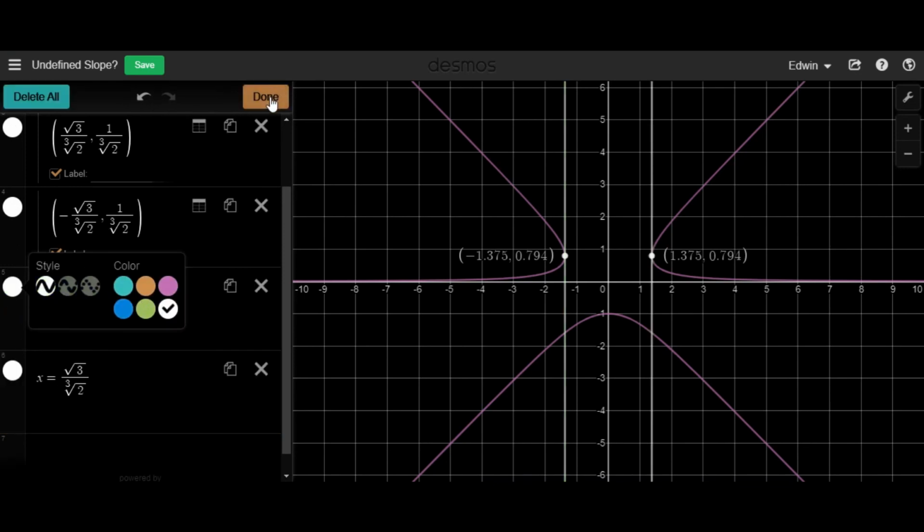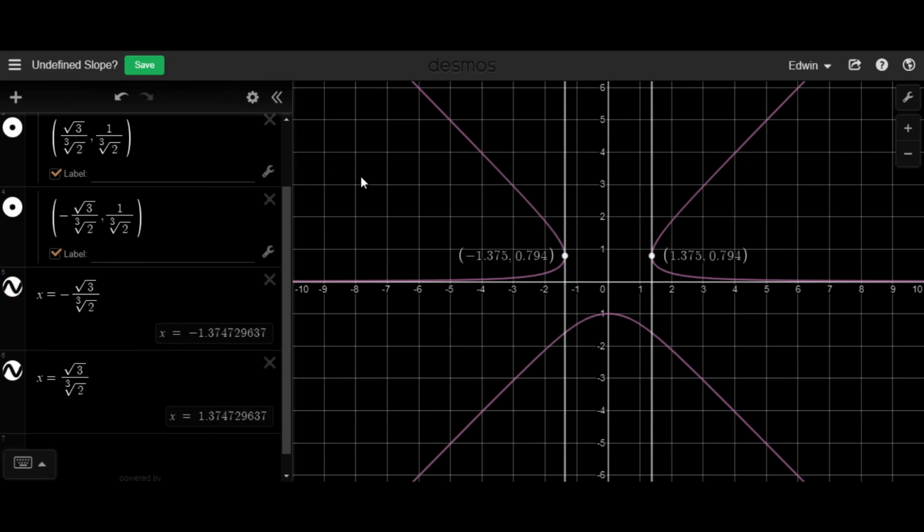There's our two vertical tangents, and you can see that, yeah, those lines seem to be tangential to the curve at those two ordered pairs, and they are definitely vertical lines. So our algebraic magic worked, and there we've identified the exact coordinates of the vertical tangents for this relation.